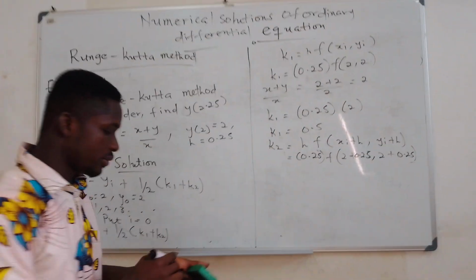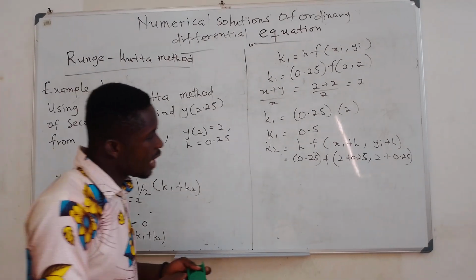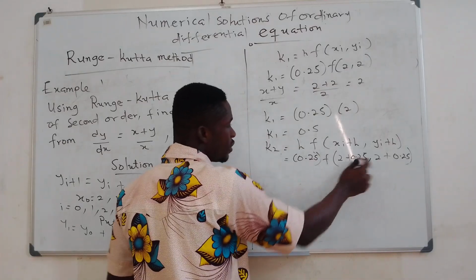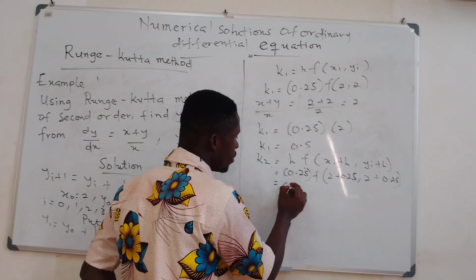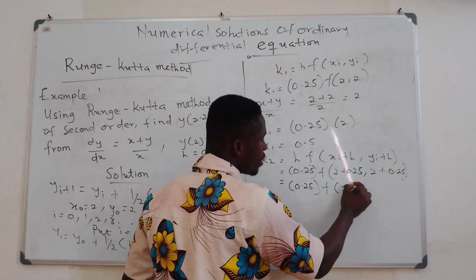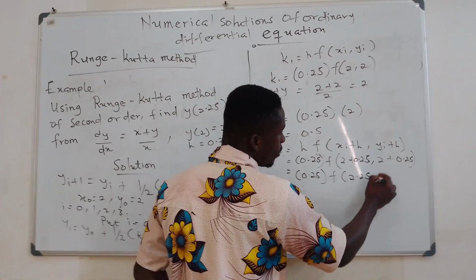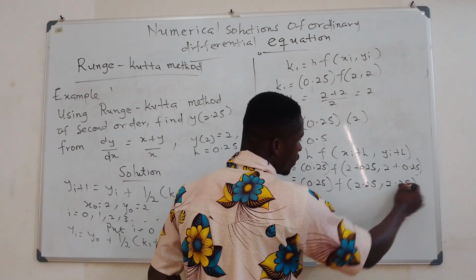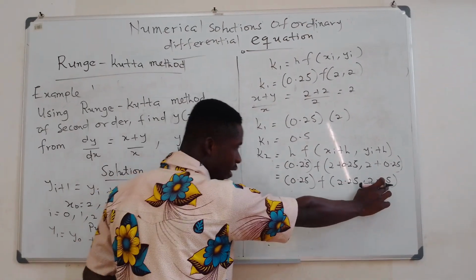Very good. So now we are to add this. We are now getting 0.25 times the function at 2 plus 0.25, comma 2 plus 0.25. So this is our x value and this is y.